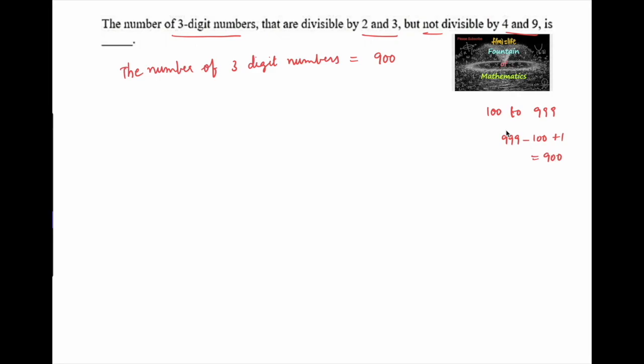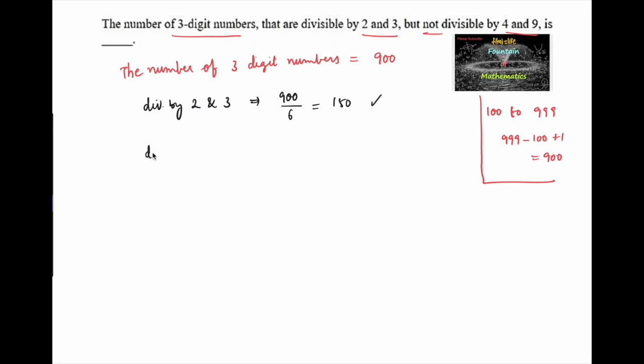So 900 numbers are the 3-digit numbers, and those divisible by 2 and 3, that is divisible by 6, we can take as 900 divided by 6, which is equal to 150. So the numbers which are divisible by 2 and 3 can be taken as 150.